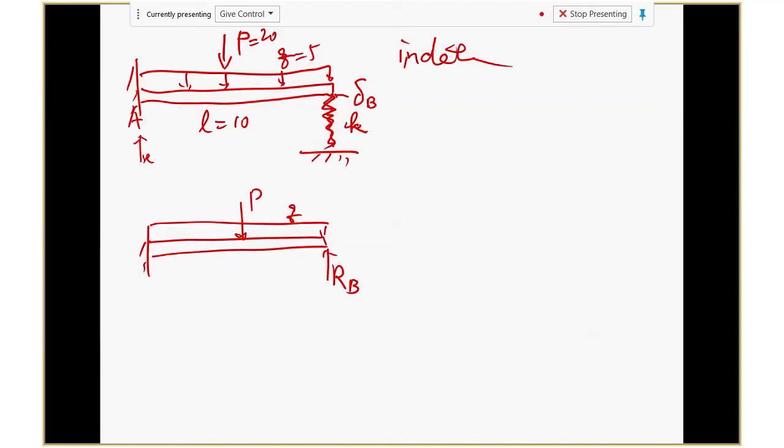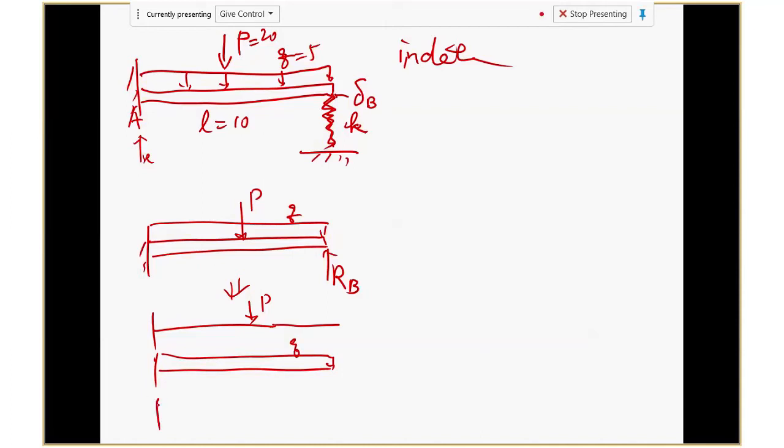Now for this beam, can we use superposition to find the solution? Yes, we can divide this up into 3 situations. One is a beam with a concentrated force P. Another is a beam with a distributed load Q. Then another one is a cantilever beam with a concentrated force RB.